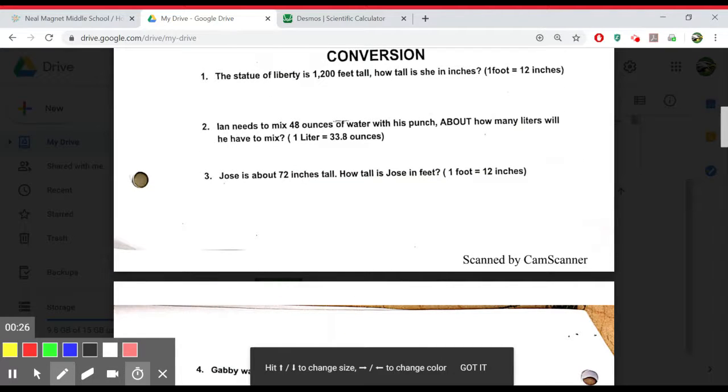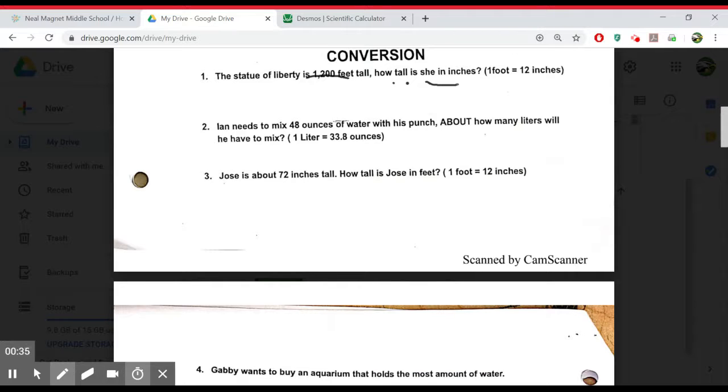So it says we're converting. A Statue of Liberty is 120 feet tall. How tall is the Statue of Liberty in inches? So we're converting inches to feet.